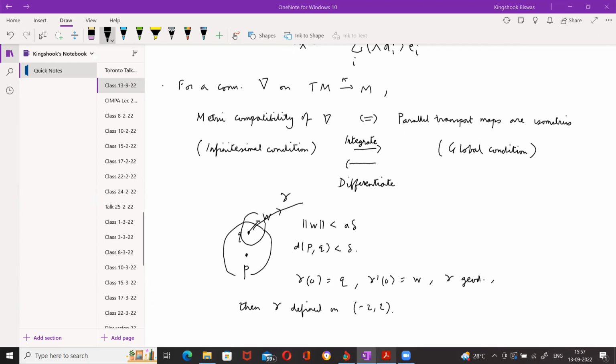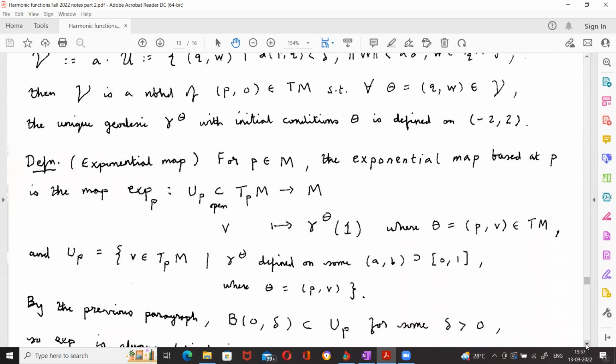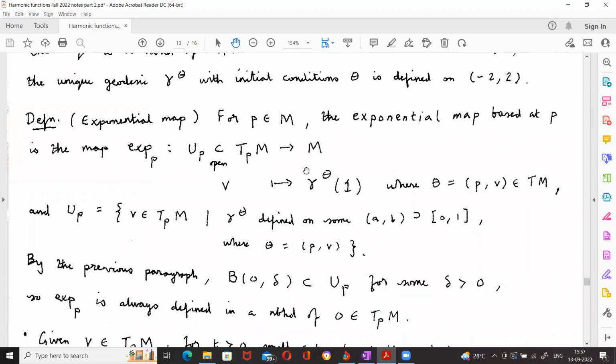So why do we want to do this? Why do we want it defined for this time? Because now we can define, for any point P in M, the exponential map based at P. This is the map exp sub P. So this goes from an open set U sub P in the tangent space at P to M. v goes to gamma theta of 1, where theta is equal to p comma v.